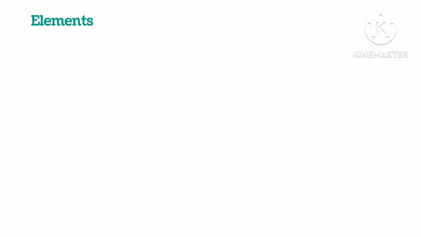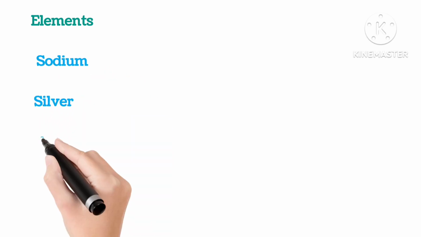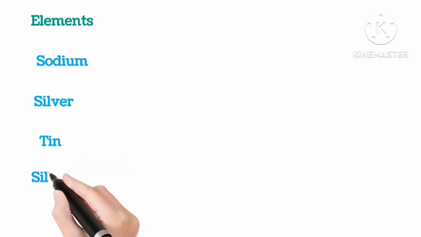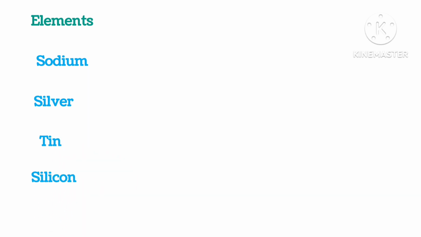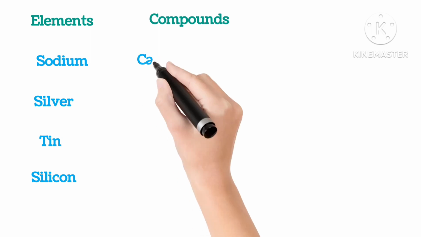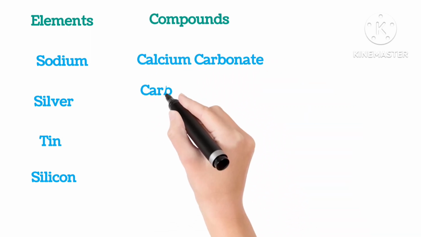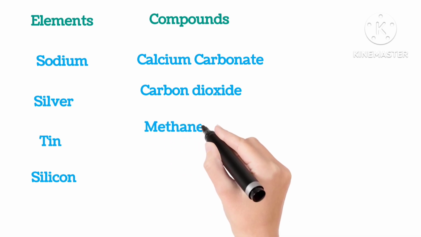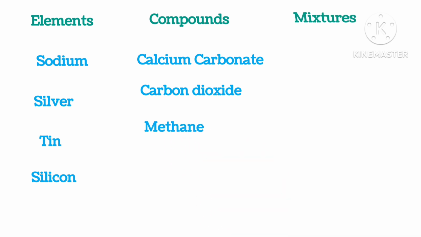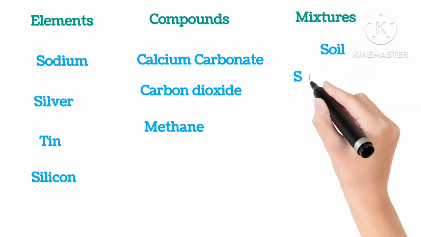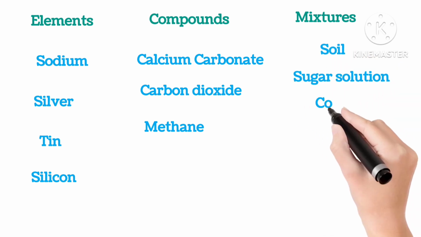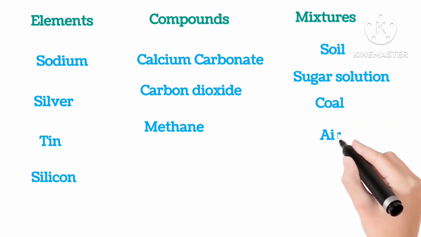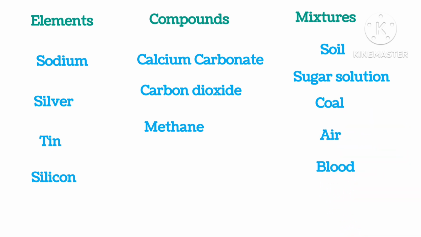So out of these, the elements are sodium, silver, tin and silicon. The compounds are calcium carbonate, carbon dioxide and methane. And mixtures are soil, sugar solution, coal, air, blood and soap.